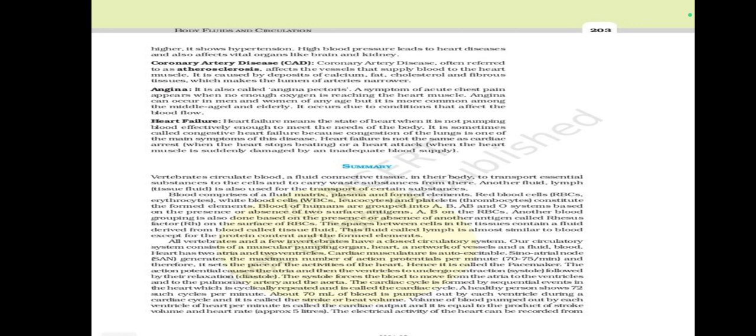The volume of blood pumped out by each ventricle of the heart per minute is called the cardiac output. It is equal to the product of stroke volume and heart rate, approximately 5 liters.